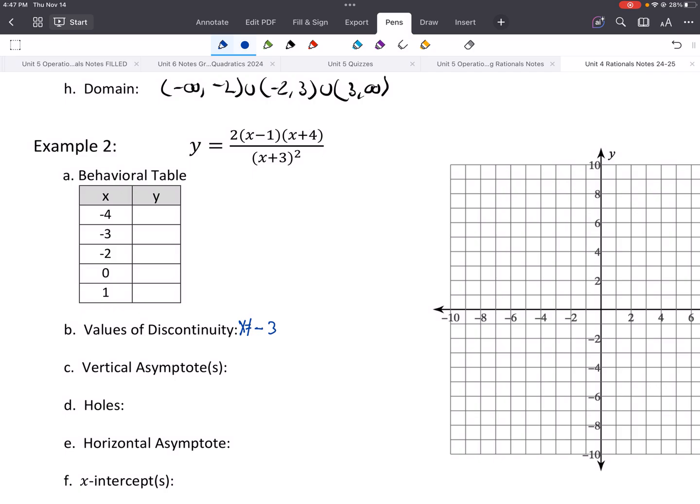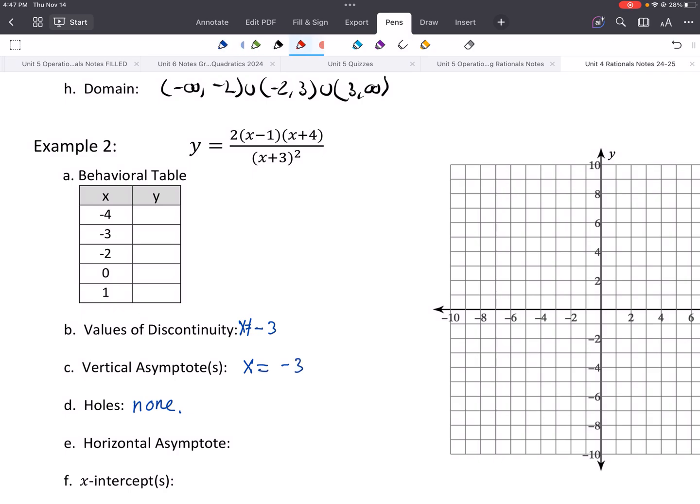Do we have any holes? No holes. DNE or none, okay? If there's no holes, then the value of discontinuity has to be the vertical asymptote. So x is equal to -3.